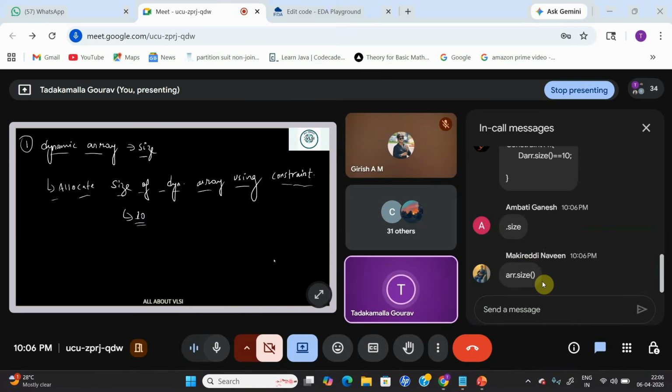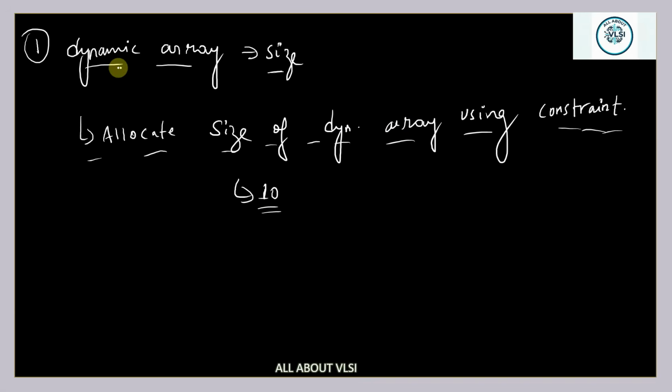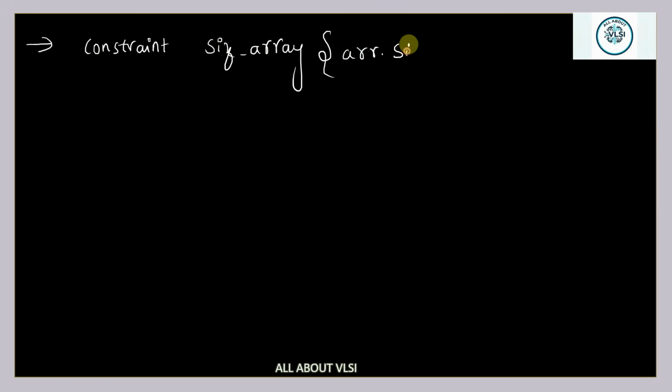We are going to use a keyword which is known as dot size. So how to write it down? So simple, we are going to declare a constraint, and let's say the constraint name is size underscore array. And here what I'm going to use is array dot size equal to 10.